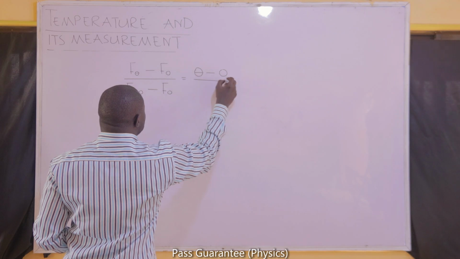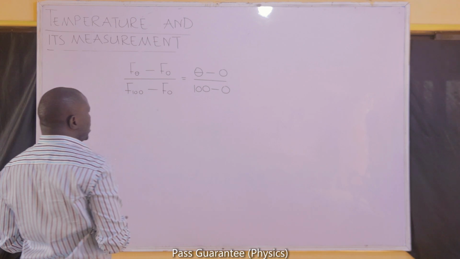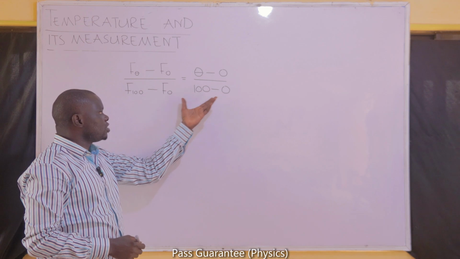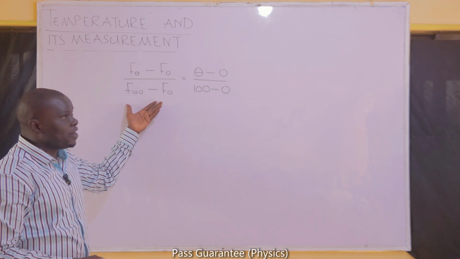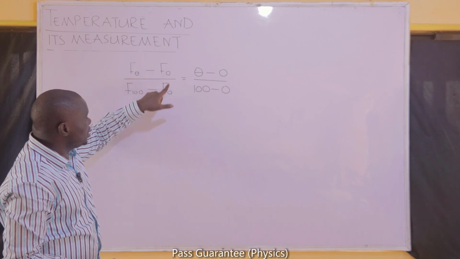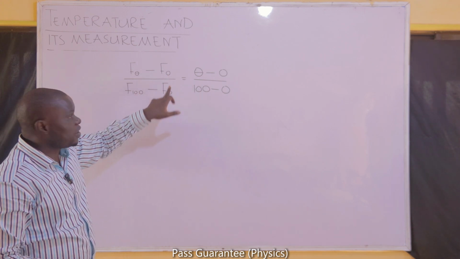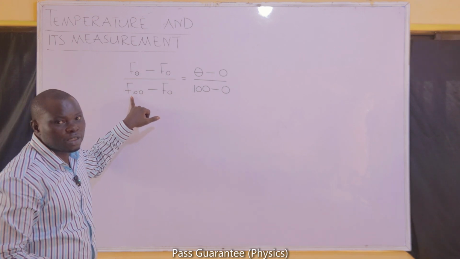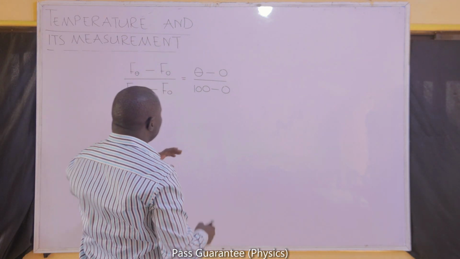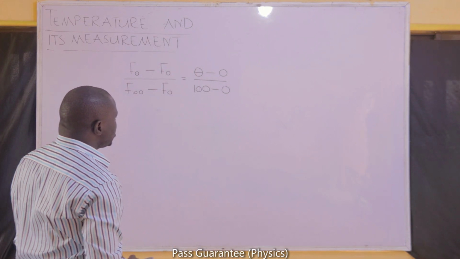Celsius is the one that has 0 as its lower fixed point and 100 as its upper fixed point. So the corresponding side of the Celsius is the Fahrenheit that I've written here. F0 is the lower fixed point in Fahrenheit, F100 is the upper fixed point in Fahrenheit, and F theta is the Fahrenheit equivalent of this Celsius temperature. This is the Celsius side and this is the Fahrenheit side. There are so many things I can solve between them.